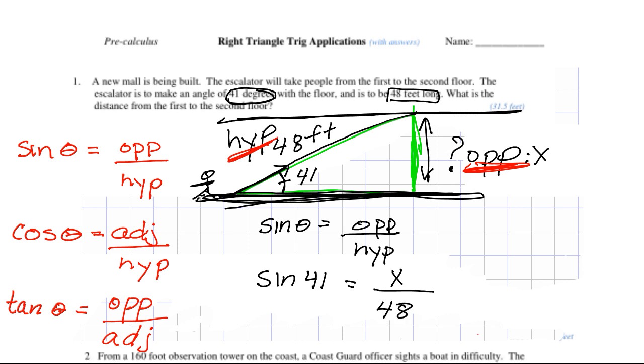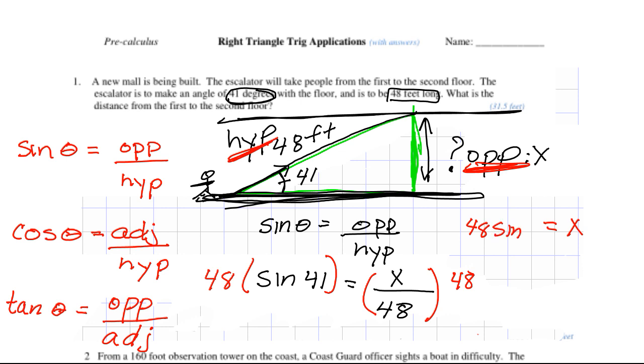What do I do next? Well, I want to solve for x. So I multiply both sides by 48. Therefore, x is equal to 48 times the sine of 41.